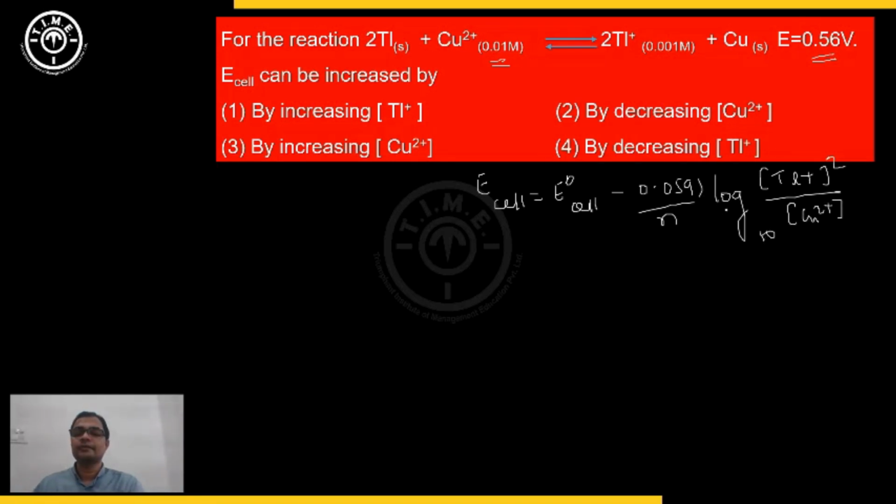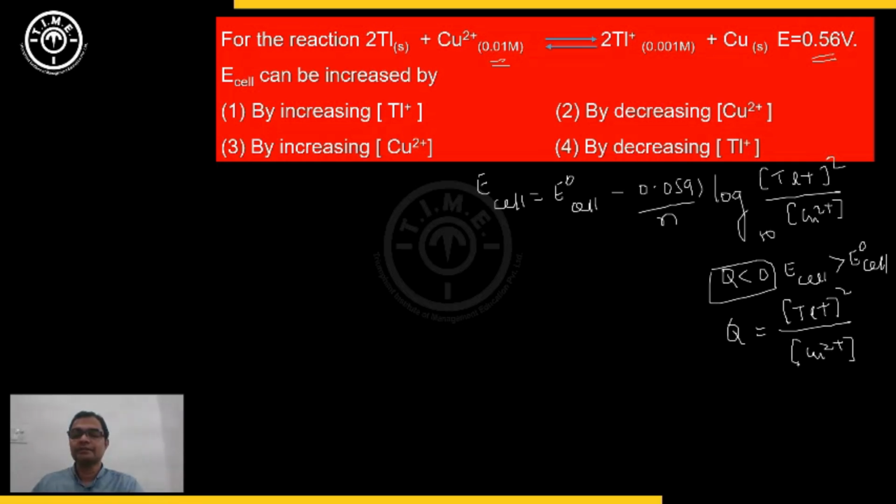Now simply, if the Q value is less than 1, then the E cell value is greater than the E naught cell value, because if Q is less than 1, the second term will become positive. Here Q is equal to thallium plus ion whole square by Cu2+ ion concentration.